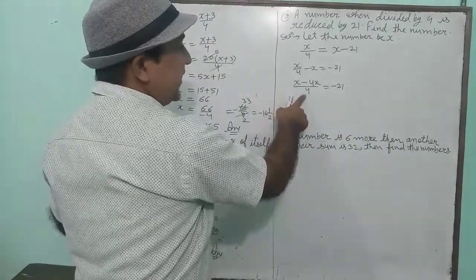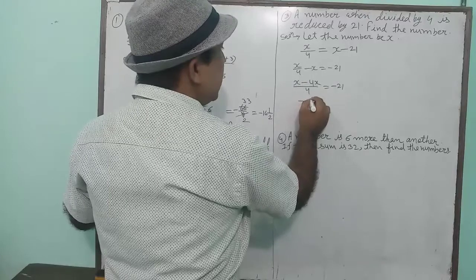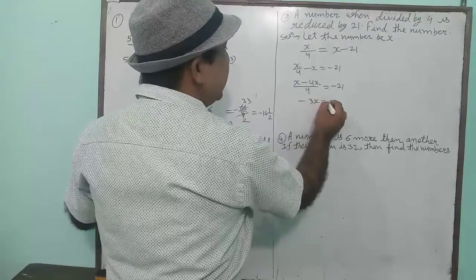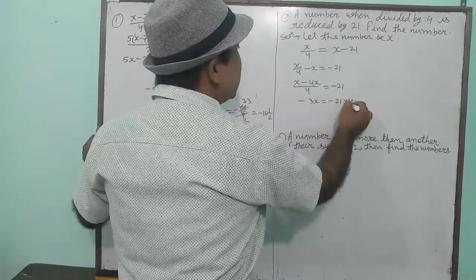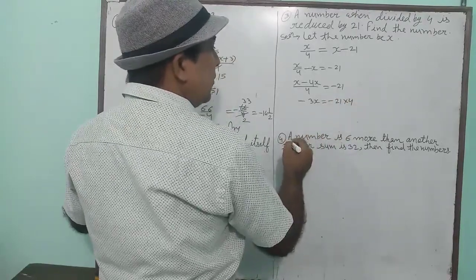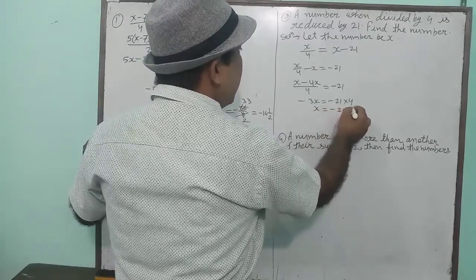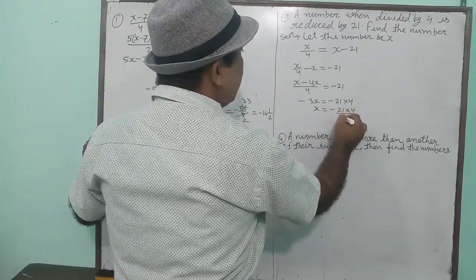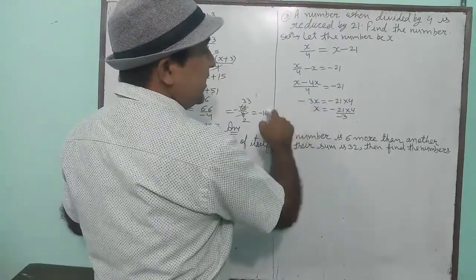Here I have taken 4 as LCM. Okay. Now x minus 4x is minus 3x, and this 4 will be cross multiplied. Minus 21 into 4. So x is equal to minus 21 into 4 upon minus 3, because minus 3 is multiplied with x.